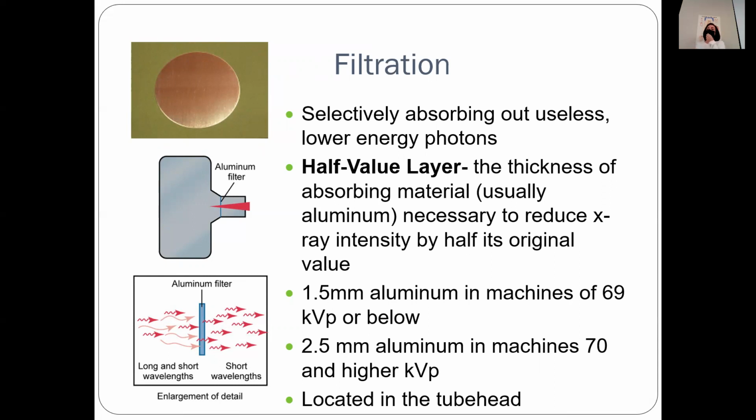The half value layer is the thickness of the absorbing material. It's usually made out of aluminum. That's important to remember, that it's made out of aluminum. And the half value layer is the thickness of the absorbing material necessary to reduce the X-ray intensity by half of its original value.